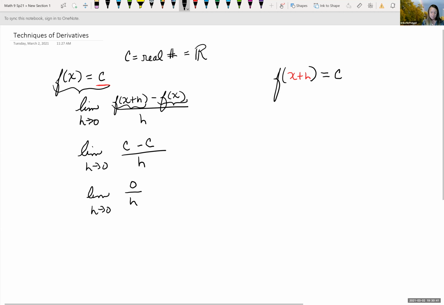Let's simplify that before we do direct substitution. 0 over any number other than 0 is 0. By the rules of limits, if we take a limit of a constant, that is just the constant itself. There's no h value in here to plug in 0, and so this is equal to 0. So we have our first rule of derivatives.